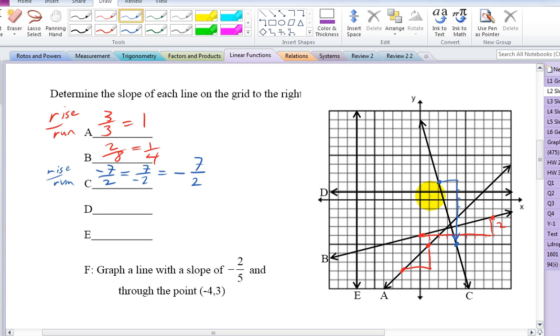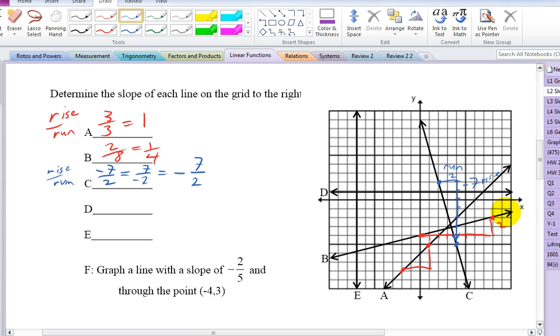No, I got 1, 2, 3, 4, 5, 6, 7 as my negative 7 as the rise, run of 2. I meant B. Okay, that's what I thought. B. Let's see. No, rise is the small number right here. So it should be 1 over 4. Okay. Good.